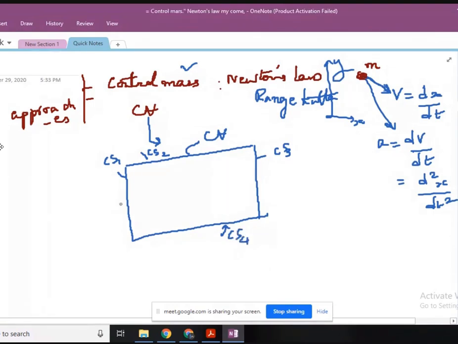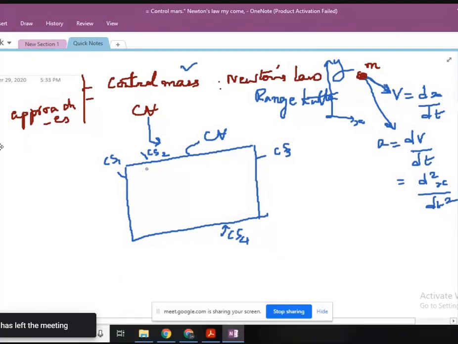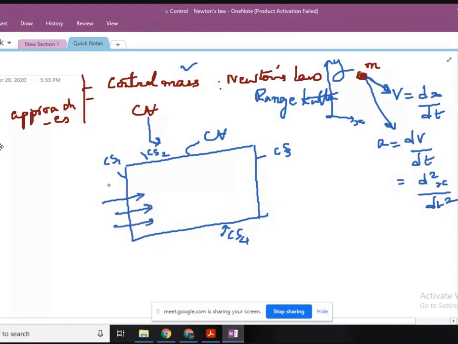Here in the control mass approach, you are tracking the flow of particles and moving along with them. In the control volume approach, you have kept your area of observation fixed, and this fixed region of space can be real or imaginary in the domain. You are looking at that particular location only, and you are seeing what happens with the flow entering the control surface from different directions, and the flow leaving the control surfaces in different directions.